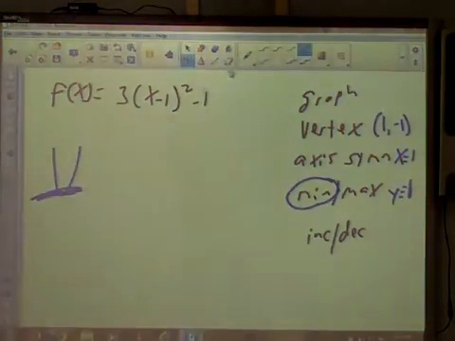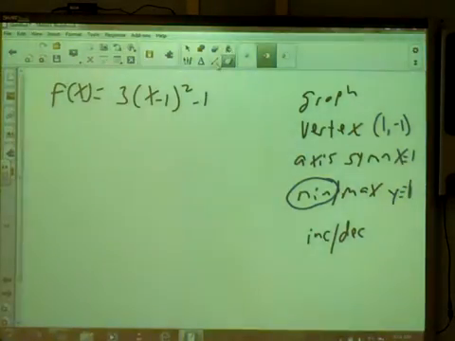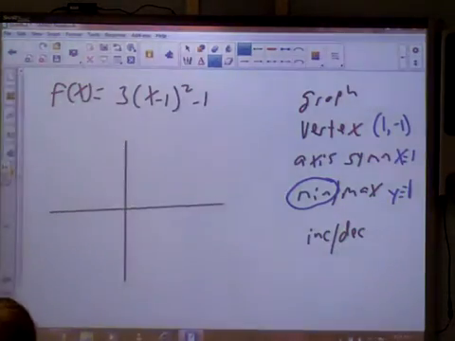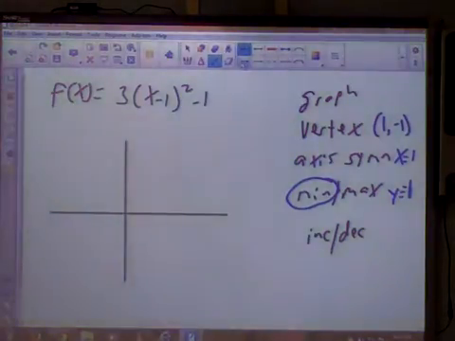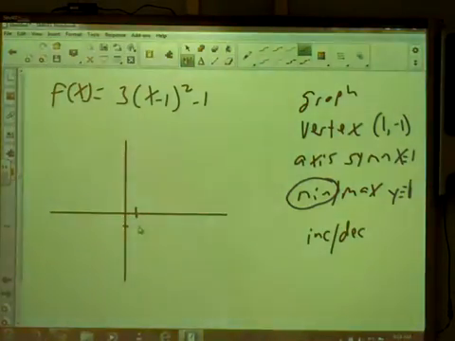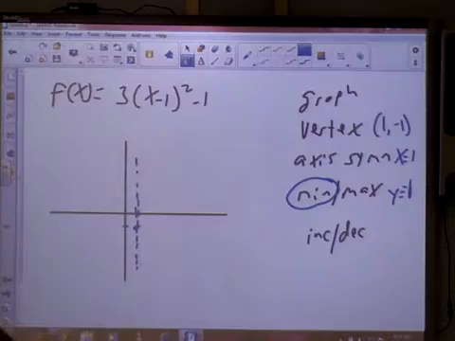Alright, so let's go ahead and draw our graph so we can be more specific with the increasing, decreasing. Let me get an xy axis. Put all that pretty stuff on there. It's got a vertex at 1, -1, which means that is its axis of symmetry. Y'all need to remember doing all this.